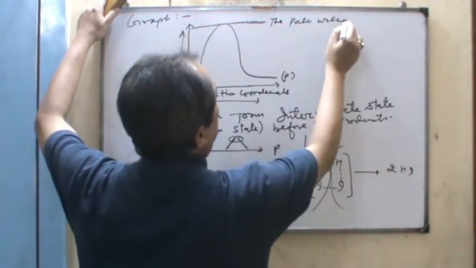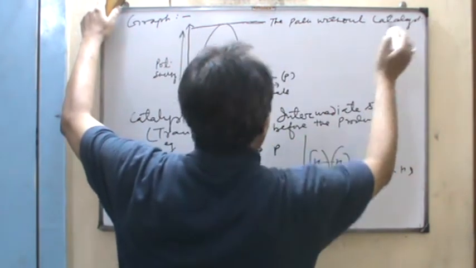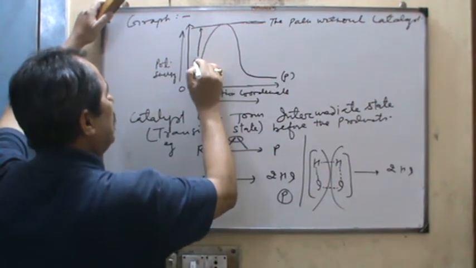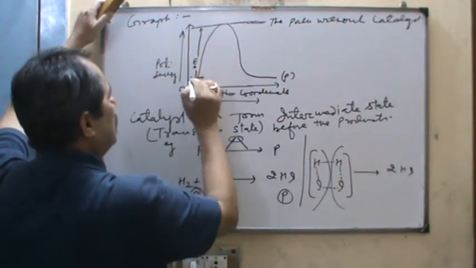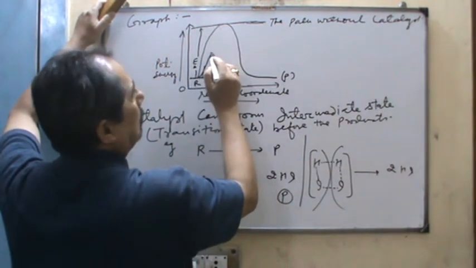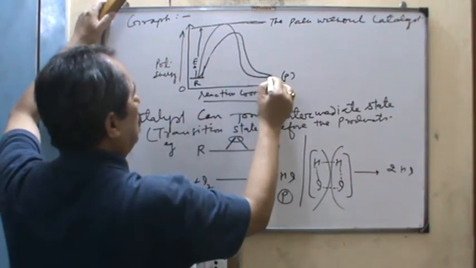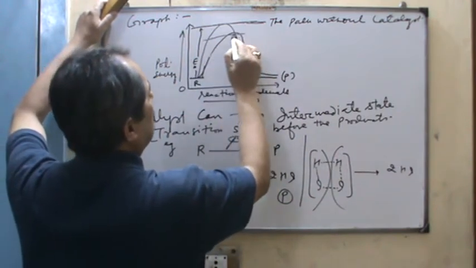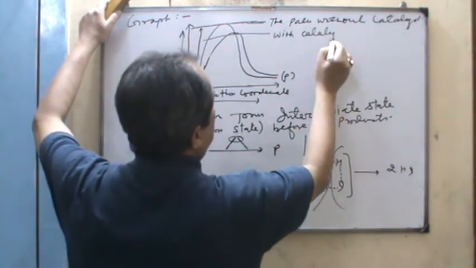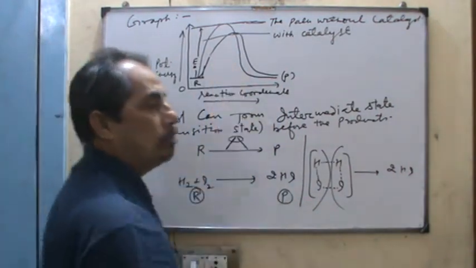This is the path without catalyst. That time it is the activation energy. And then once you provide a catalyst, this path is with catalyst. So what is the impact on the rate of reaction? Just think over it.